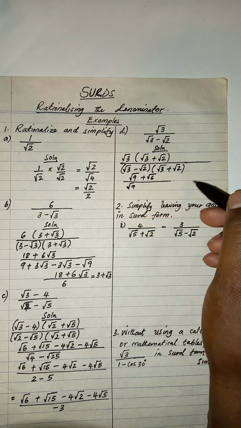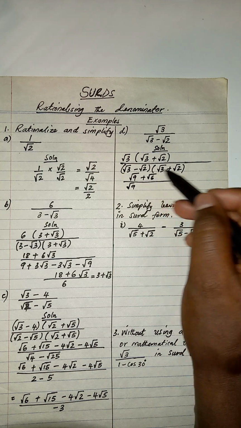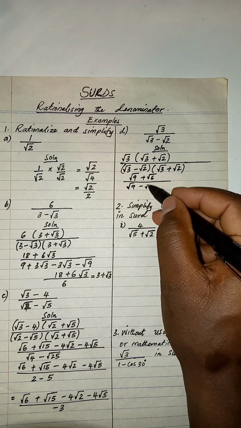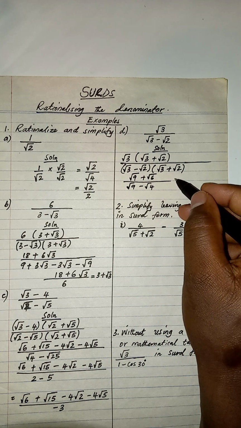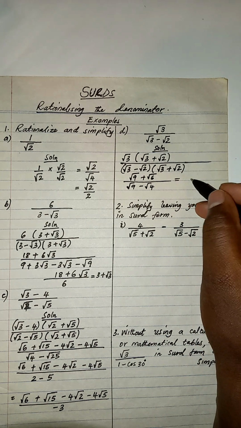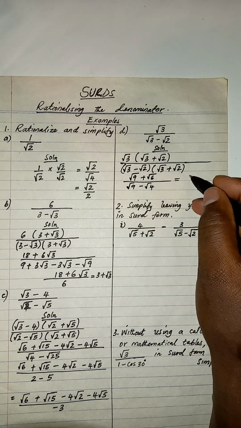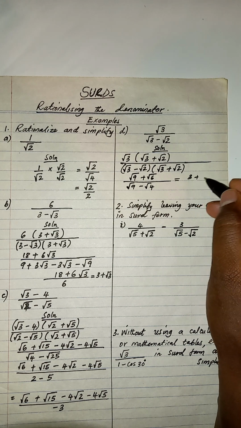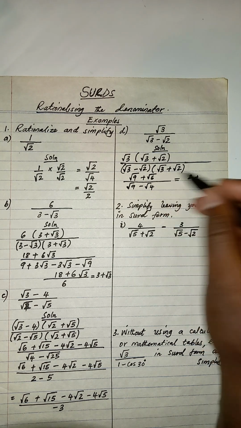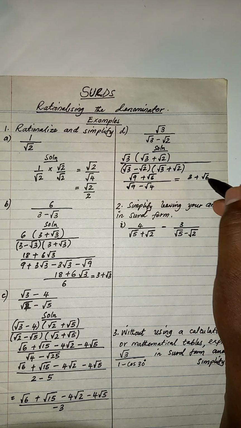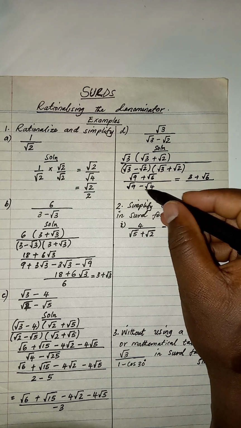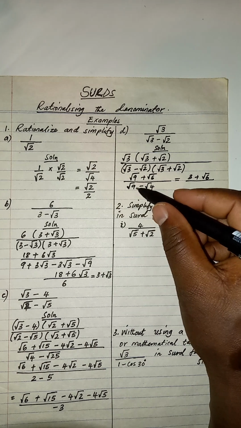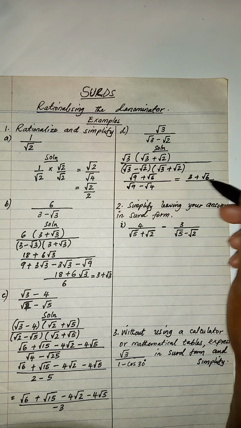Root 9. Then 2 times 2 it will be minus the square root of 4. So this gives us the square root of 9 is 3 plus the square root, that is root 6, all over the square root of this, which is 3 minus 2, it is 1.